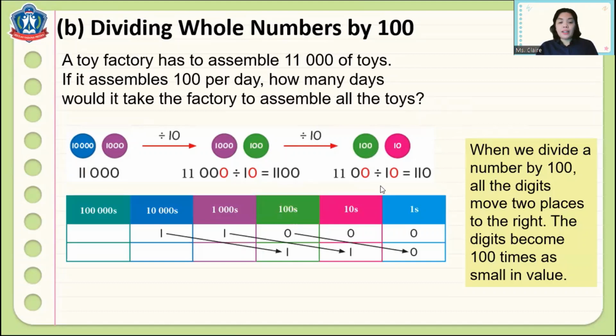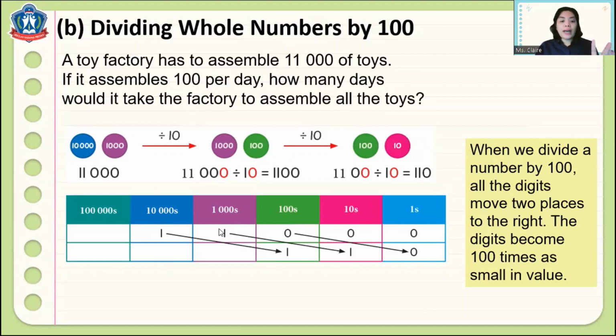Using our place value chart, when we divide a number by 100, all the digits will be moved two places to the right. The digit becomes 100 times as small in value. If our 1 here is in the 10,000s place and we move to the right 2 places, from 1,000 it becomes 100.